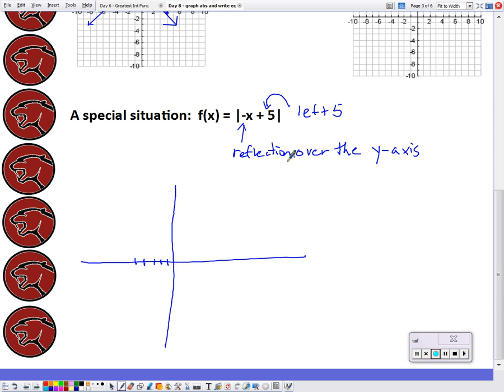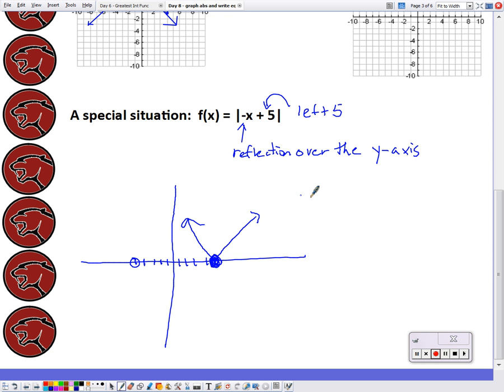But because we have this reflection over the y-axis, our left 5 gets reflected. So we have a point here that gets reflected 1, 2, 3, 4, 5. And now we have a vertex of 5, 0. Make it big and fat with a slope of 1.